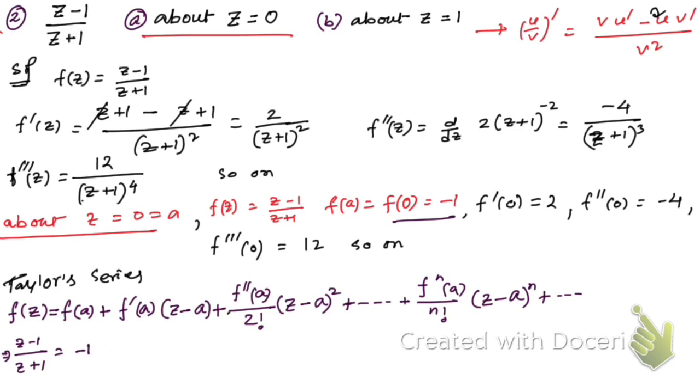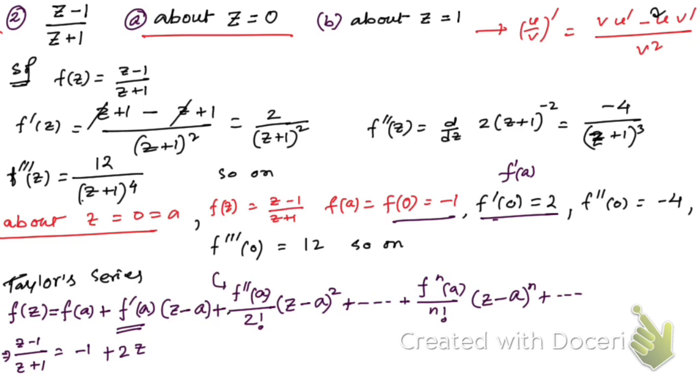Then here we have z minus a, where a is 0, so we're going to write z only, and f dash of a, where the value here is 2, so that's why we have plus 2 into z. Here we have put a equal to 0, right?